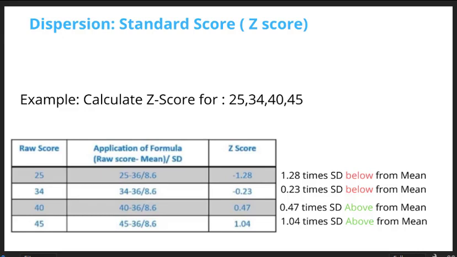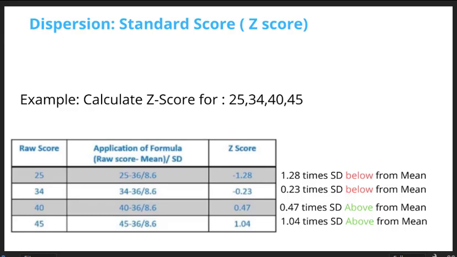The z-score is computed as follows. As you can see in the data, 25, 34, 40, and 44. The way to calculate the z-score is simply 25 minus the mean, divided by 8.6. So 25 minus 36 divided by 8.6 is 1.28 times the standard deviation lower than the mean.